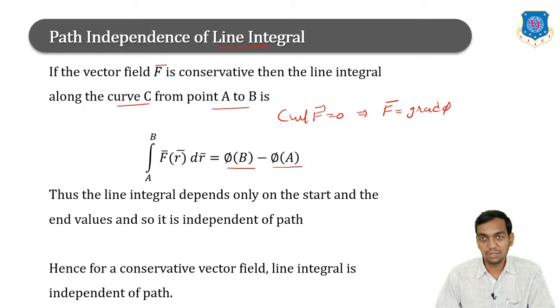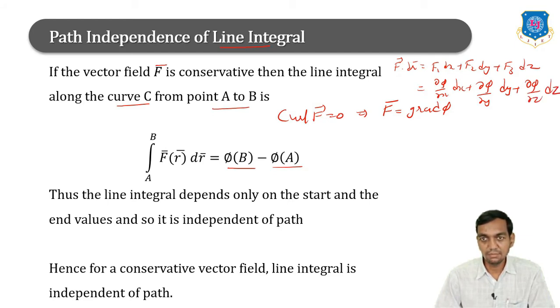Now you are aware that f dot dr is nothing but f1 dx plus f2 dy plus f3 dz. But if you write f bar equal to grad phi, then f1 is del phi by del x into dx, same manner del phi by del y into dy, and del phi by del z into dz.